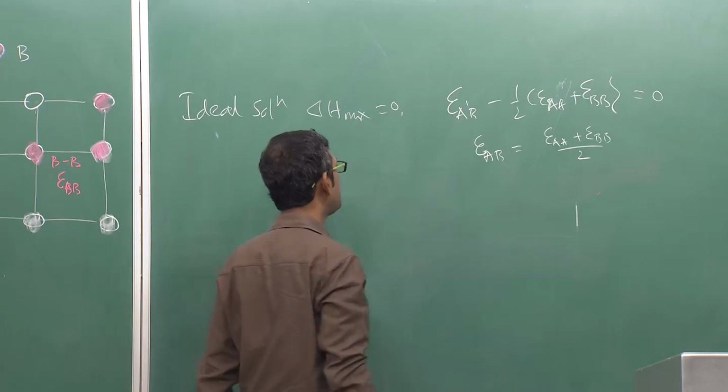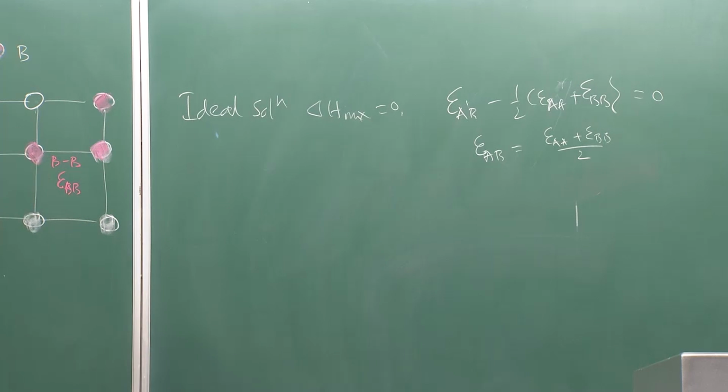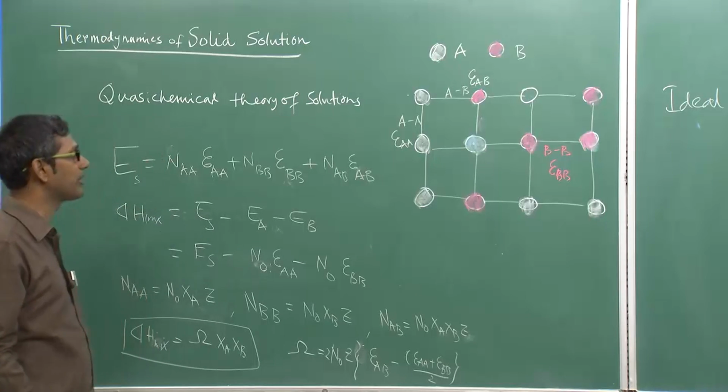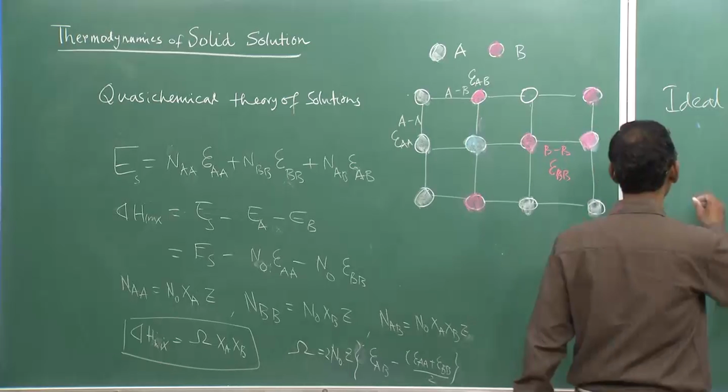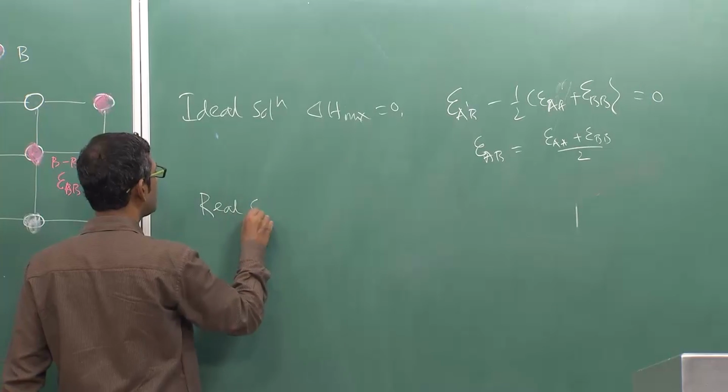So the bond energy between A and B is the average sum of the bond energies of AA and BB. So there is not much change of bond energies when the solution forms, but for real solutions this is not true.